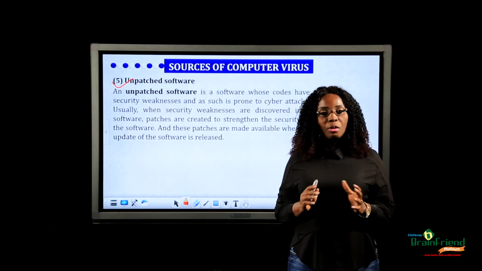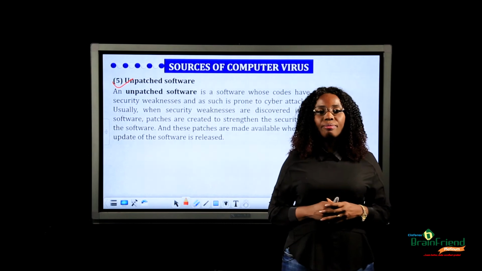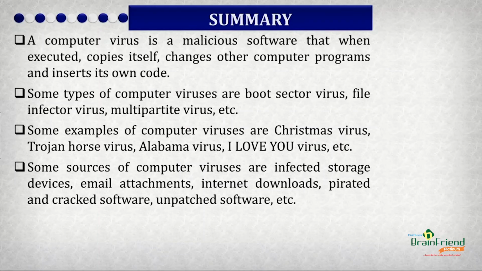And with this, we've come to the end of this lesson. But before we leave, let's have a quick summary. First, a computer virus is a malicious software that, when executed, copies itself, changes other computer programs, and inserts its own code. Next, we learned that some types of computer viruses are boot sector virus, file infector virus, multipartite virus, and so on.